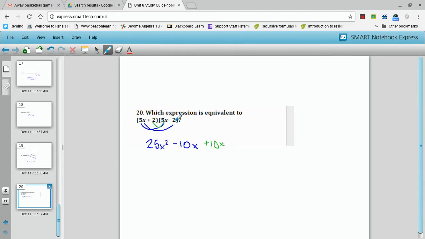And 2 times a negative 2, right here, is minus 4. So combine like terms. If I have 10x and I take away 10x, I'm left with 0. So this middle part goes to 0. And we're left with the final answer of 25x squared minus 4.